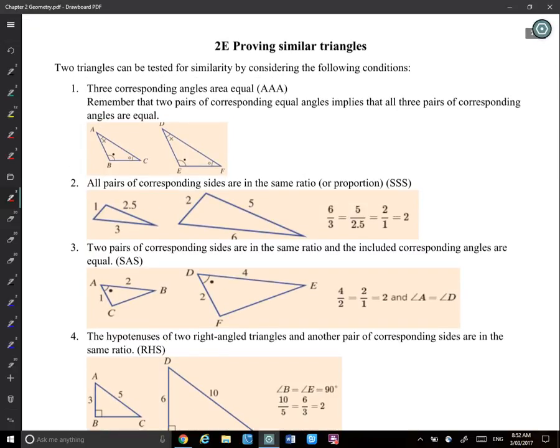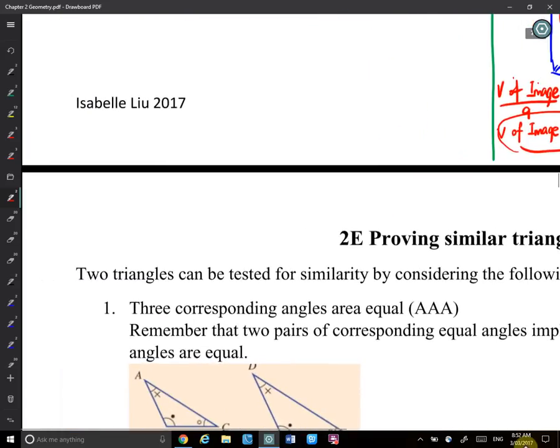Similar to congruent triangles, there are 4 ways to prove 2 triangles are congruent. Can you remember what they are?